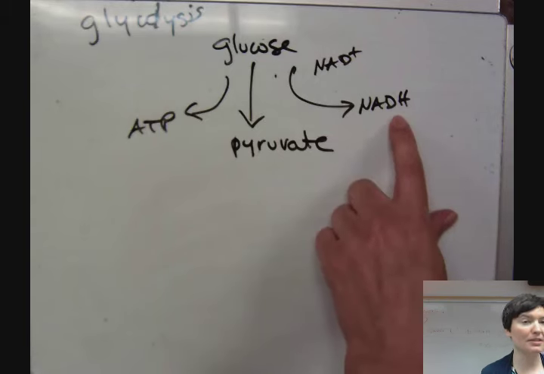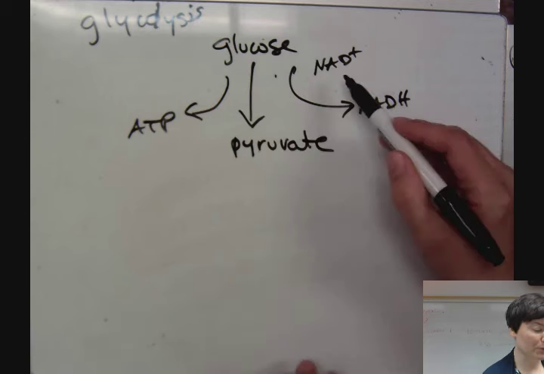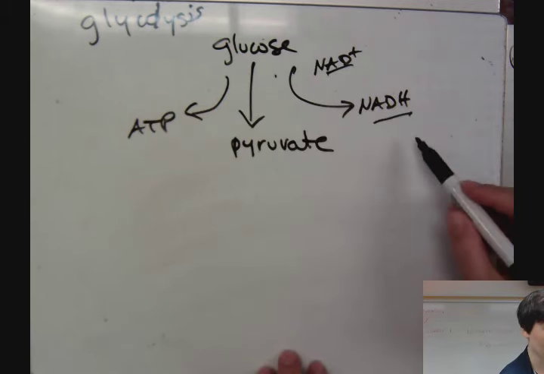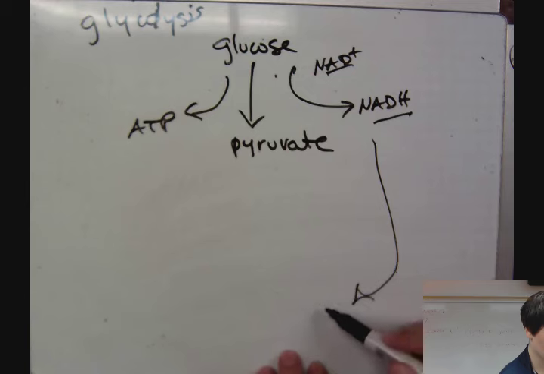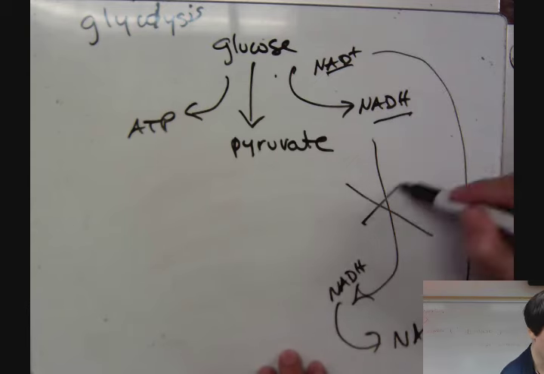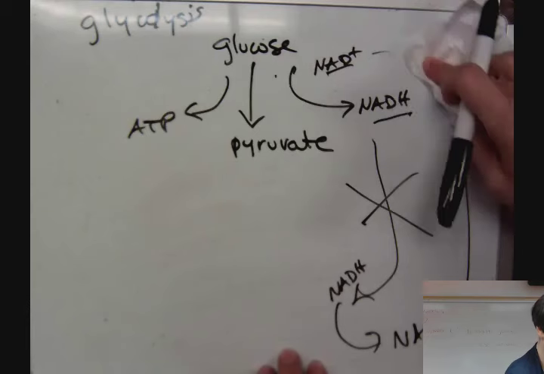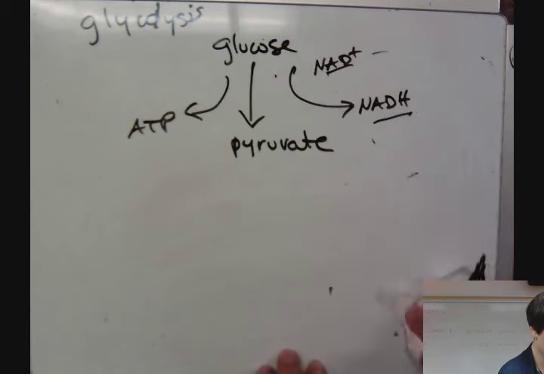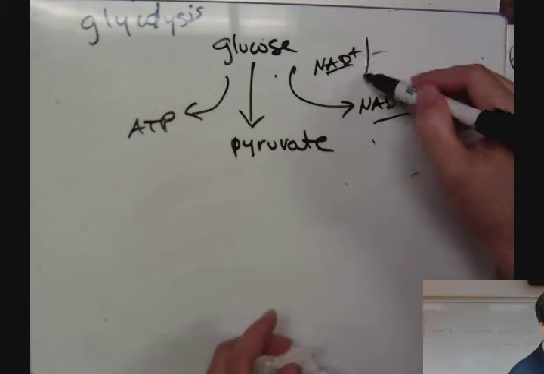Now, are we using this in the electron transport chain? No. So we're using this, and we're making that, but we're not going to the electron transport chain and turning it back into NAD, right? We're not dropping those electrons off so that it can come back up to the top. That's not happening. So pretty soon, we are going to run out of this.